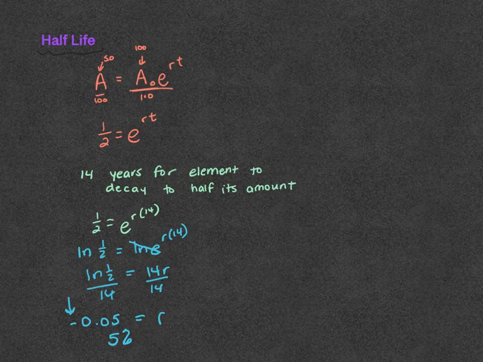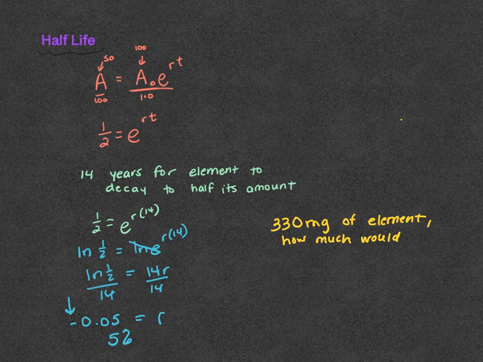Now if it had gone a step further and said for that same element, if I started with 330 milligrams of that element, whatever it is, how much would be left after 20 years?